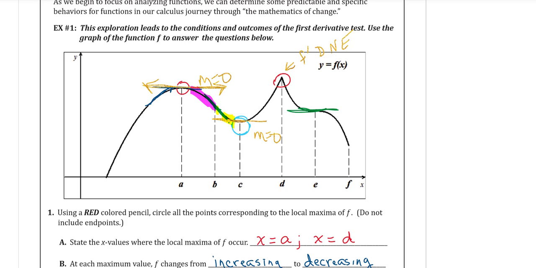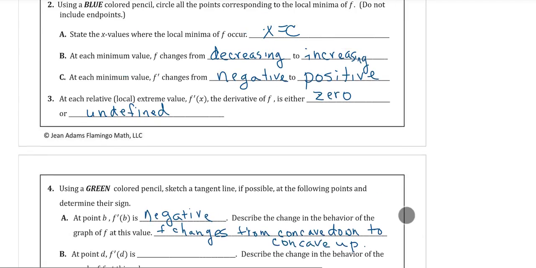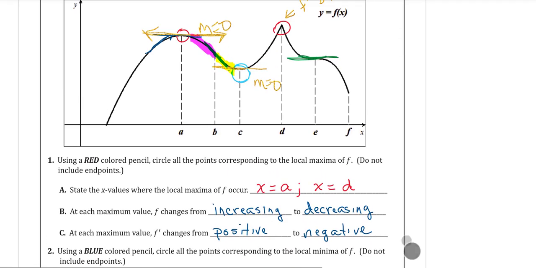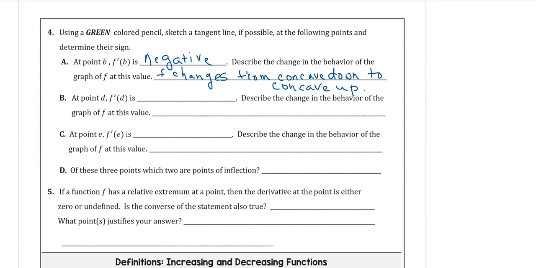So it's switching from concave down to concave up. Okay, so that's what's happening at B. At point D, we kind of have the cusp. So f prime of D is undefined, because that's our cusp.